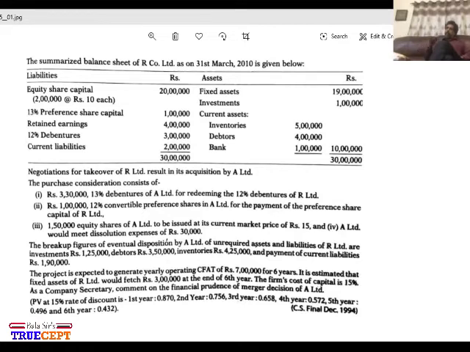And even the 1,50,000 equity shares issued as a part of consideration, valued at rupees 15 each, even that will be taken as a cash outflow, because you have an obligation. People might say, sir, we don't have an obligation to pay dividends. No. You may not have a contractual obligation to pay dividends on equity shares, but in order to keep the equity shareholders happy, you have to pay them some dividends.